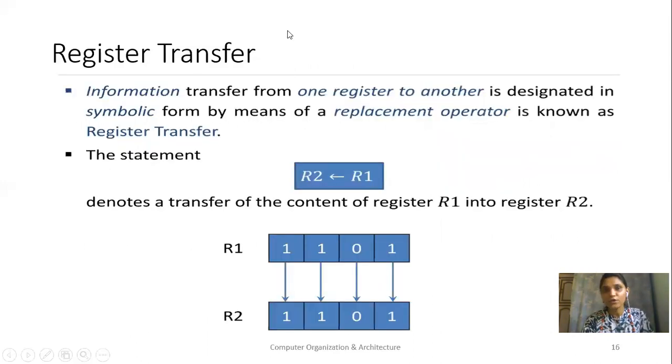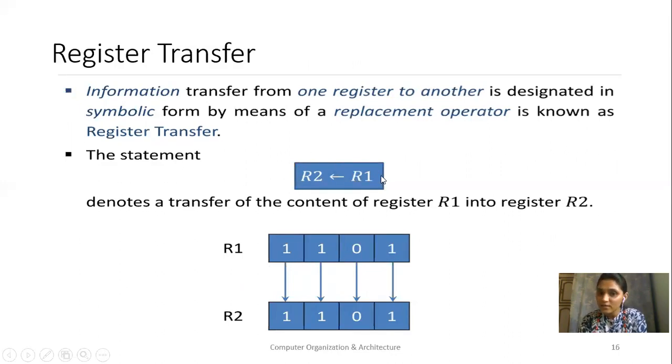For example, you have two registers R1 and R2, and you have to load the content of R1 into R2. How will you represent this? By R1, then R2, and then an arrow. This represents that the content of R1 will be stored into R2. For example, R1 is 1101.